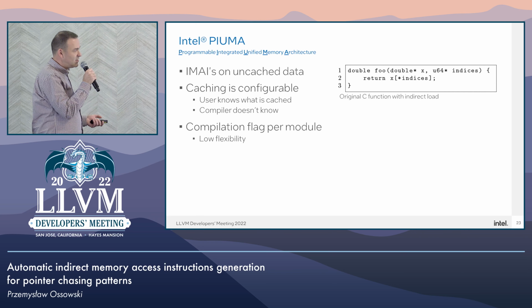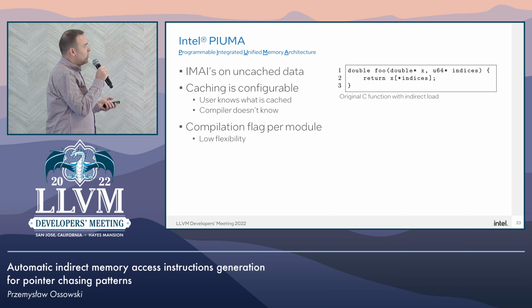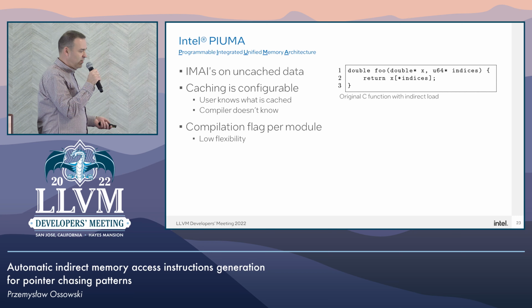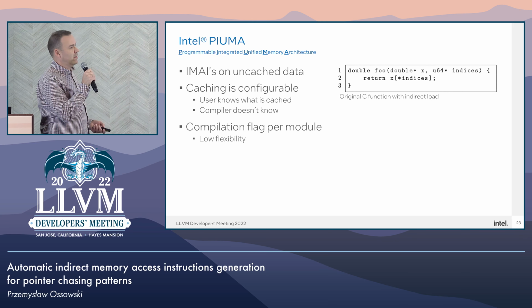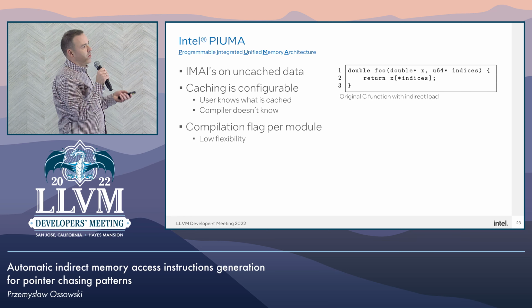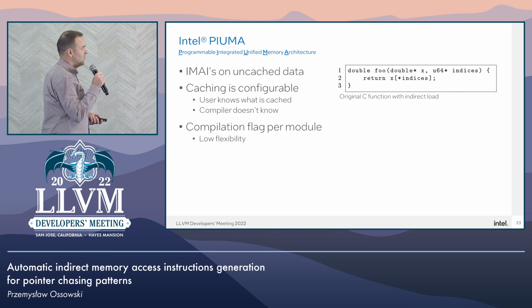Okay, the easiest way is the introduction of a new flag, which will tell the compiler that for a given module we can apply the pattern. But it might happen that in one module or even one function, we might access different data, which are accessed through the cache or omitting the cache.